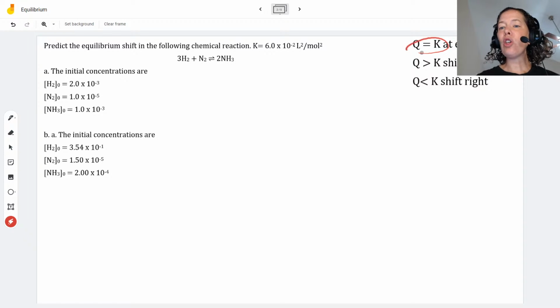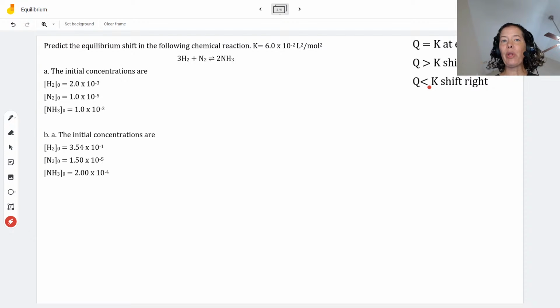So if Q equals K, when you calculate Q, that means the system is already at equilibrium. If Q is greater than K, that means the system is going to shift to the left, or towards the reactants. And if Q is less than K, it's going to shift right, or it's going to shift to the products.